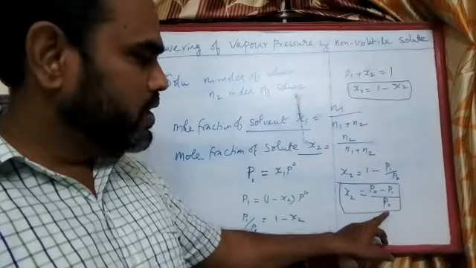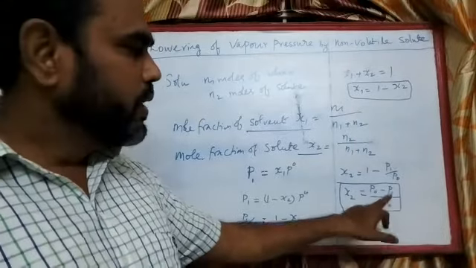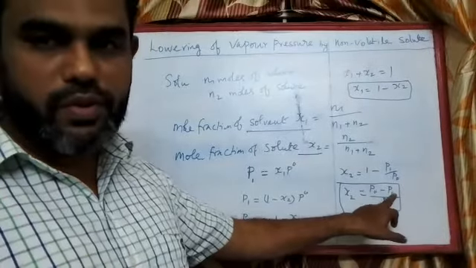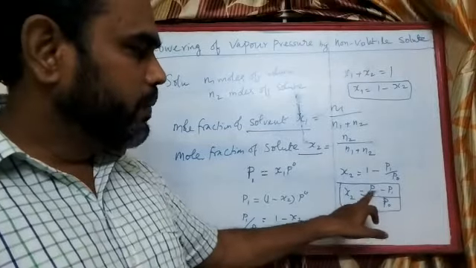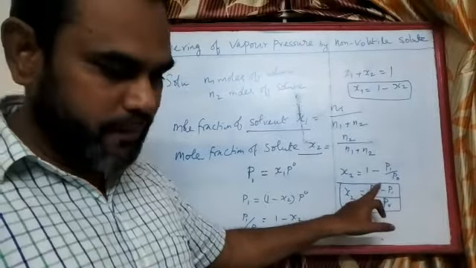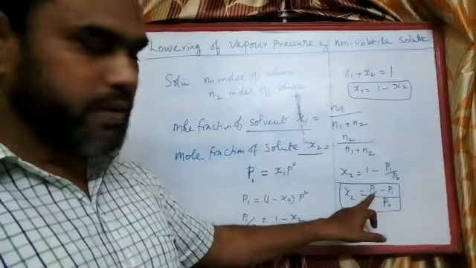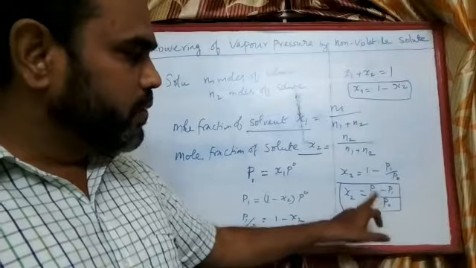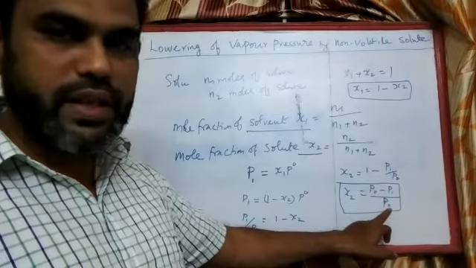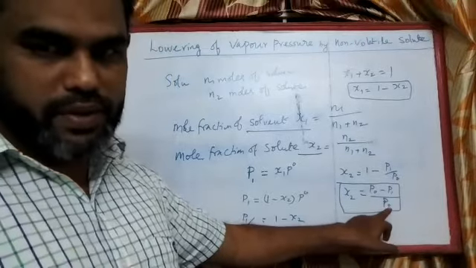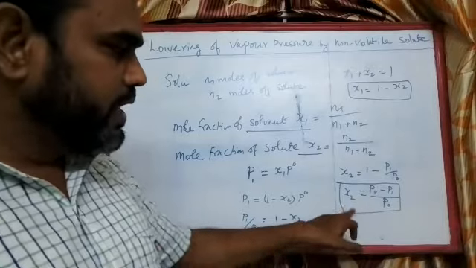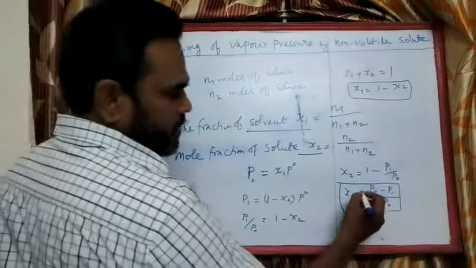P0 is the vapor pressure of the pure solvent, P1 is the vapor pressure of the solution, and P0 minus P1 is the lowering of vapor pressure. Divided by P0, it is the relative lowering of vapor pressure, which is equal to x2.